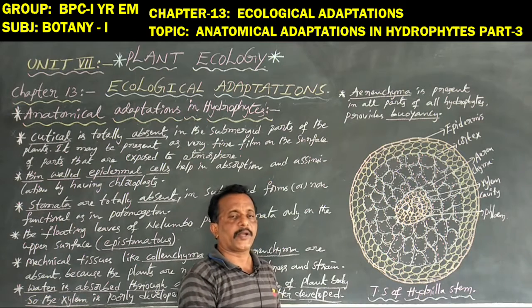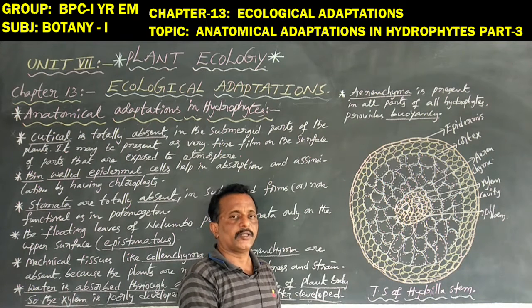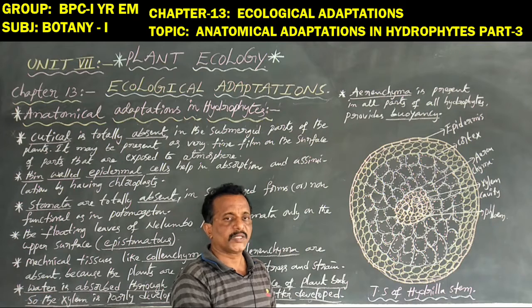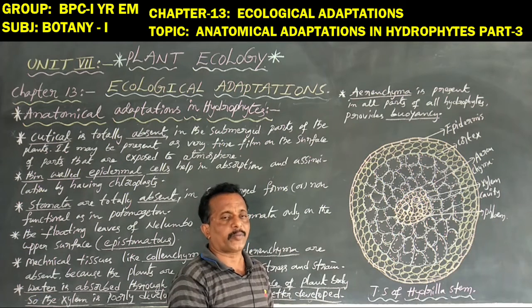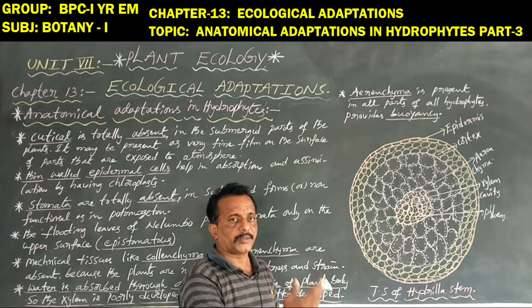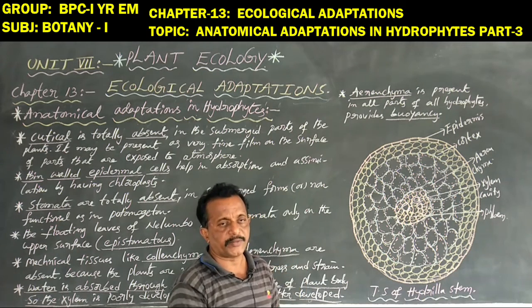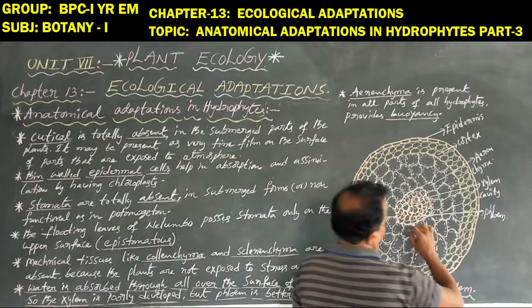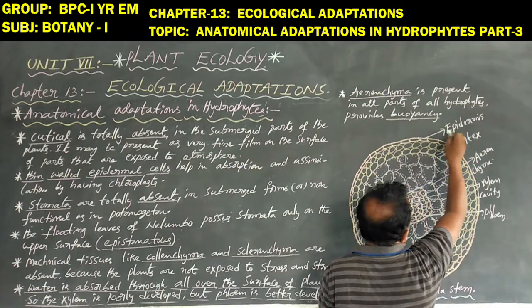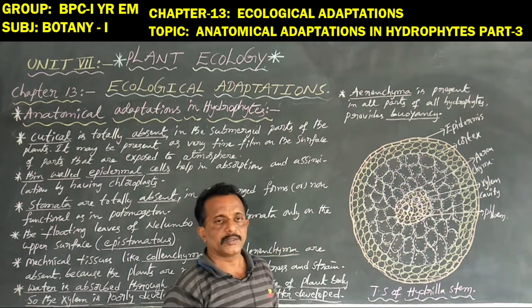In most higher plants, including gymnosperms and angiosperms, such as dicotyledons and monocotyledons, including aquatic plants, the transverse section of the root or stem, the internal structure, contains mainly three parts: first the epidermis, second the cortex, third the stele.